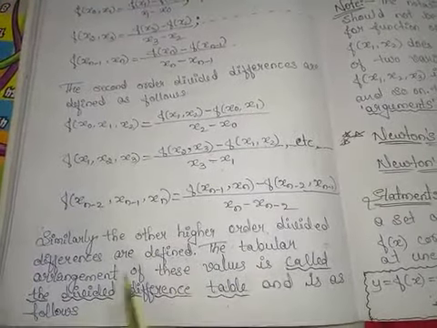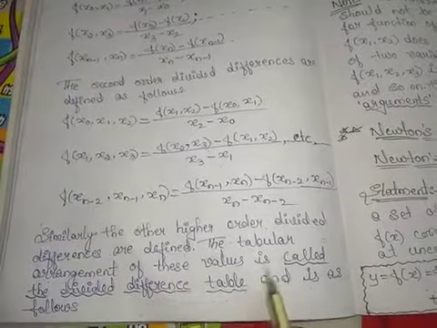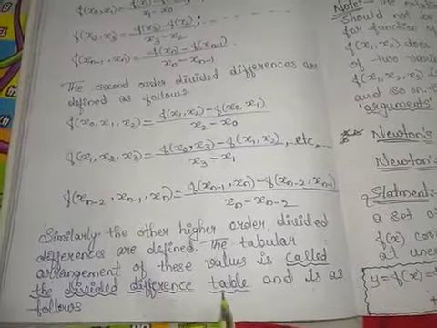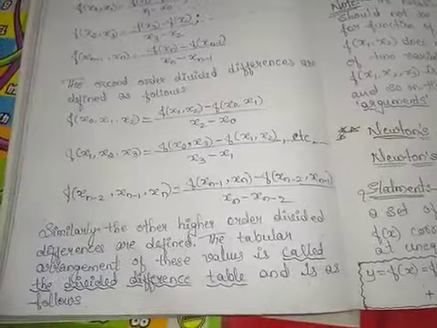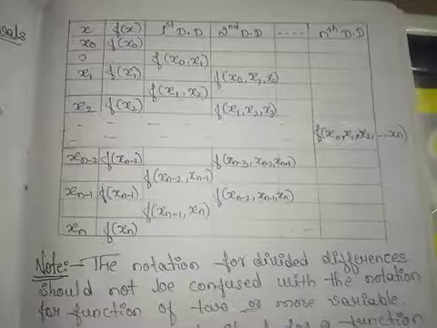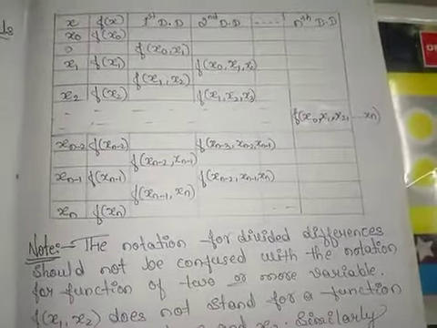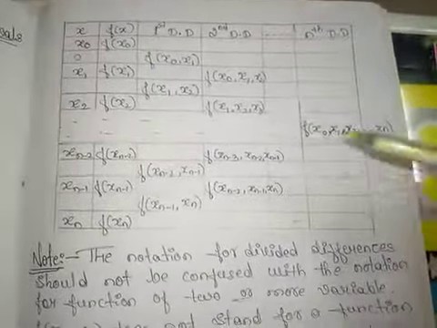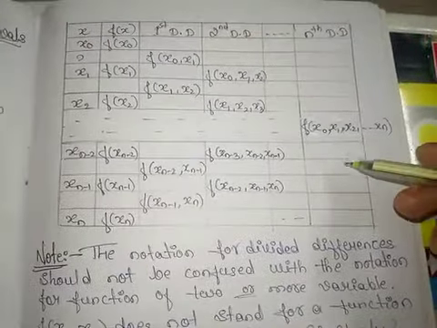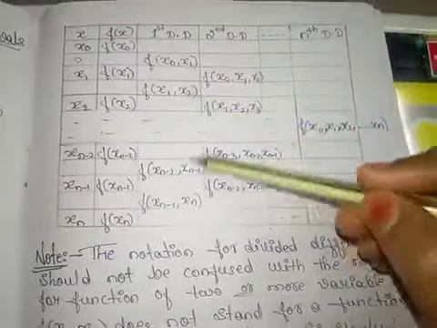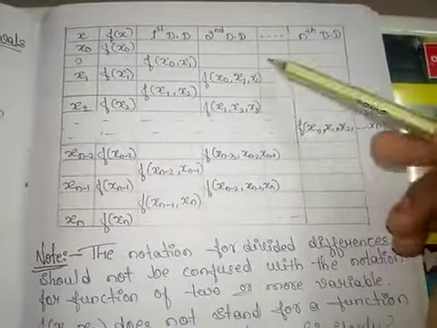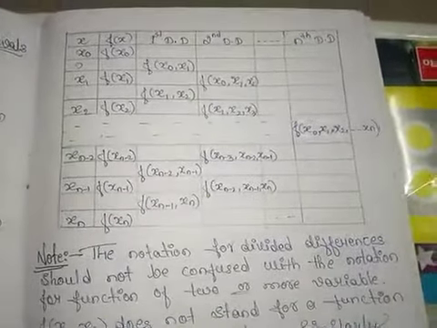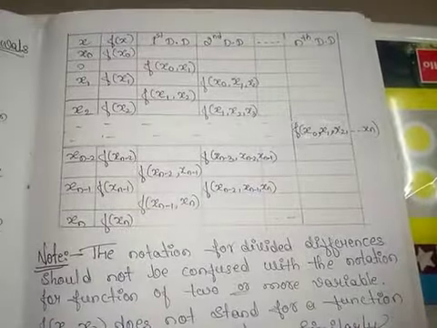The tabular arrangement of these values is called the divided difference table and is as follows. This is our divided difference table. The rows and column arrangements are the same here, but the difference is in finding these terms. First order divided difference, second order divided difference, and so on to nth order divided difference.